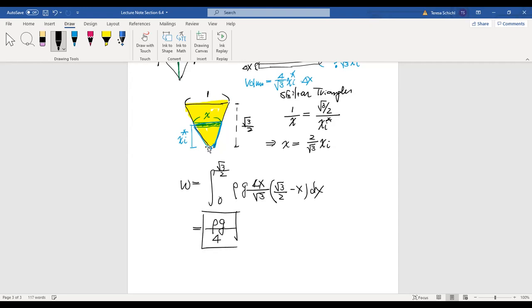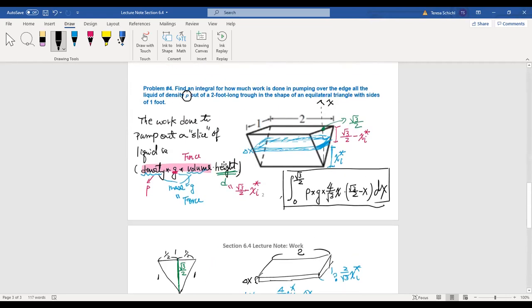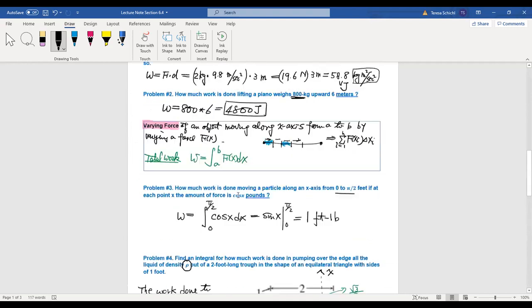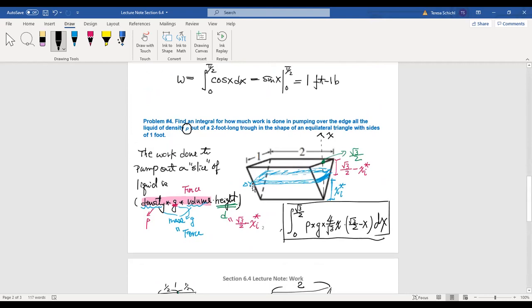Okay, so that's the amount of the work if you want to pump out the water from this trough here, right? So it's a very similar idea like we talked about when we did the bearing force, right? Instead of dividing into each sub-interval, then you integrate that, here we have each slice, we pump out each slice.